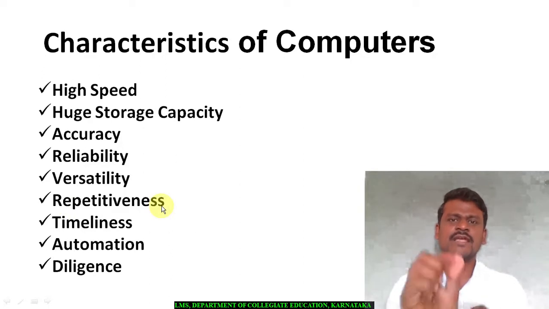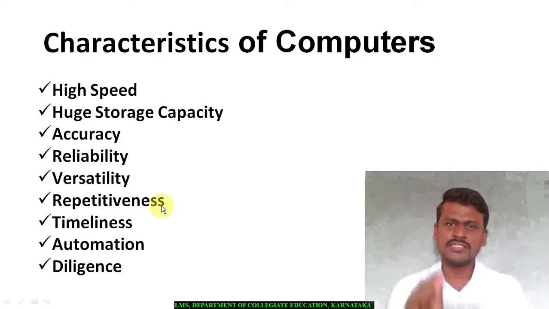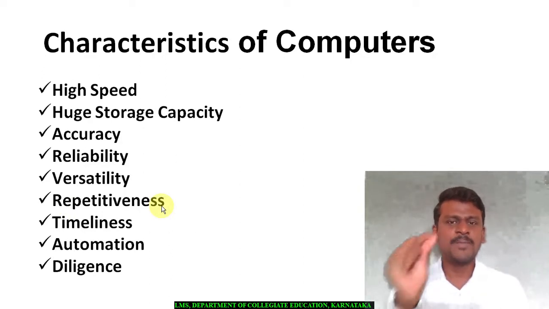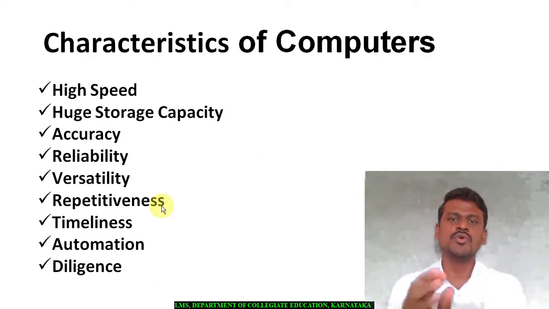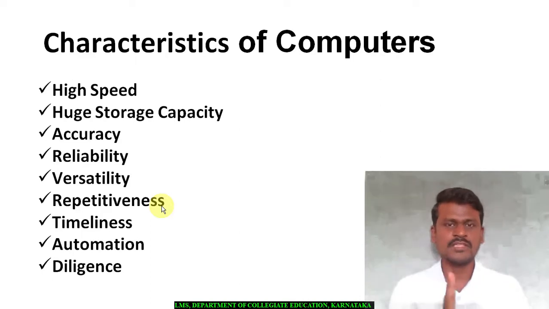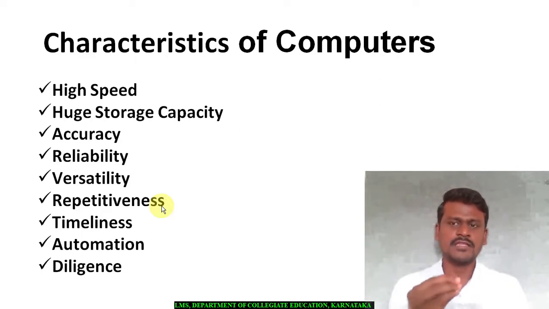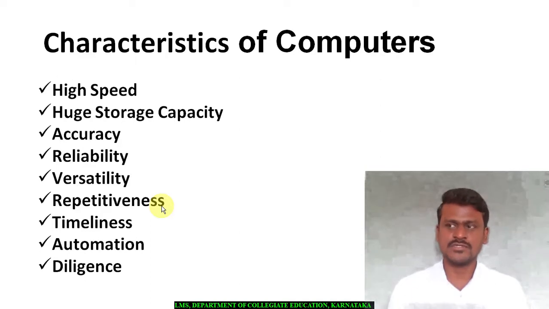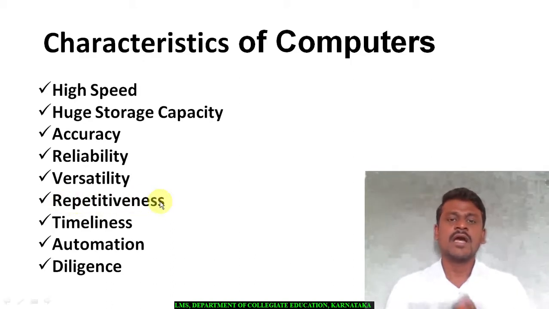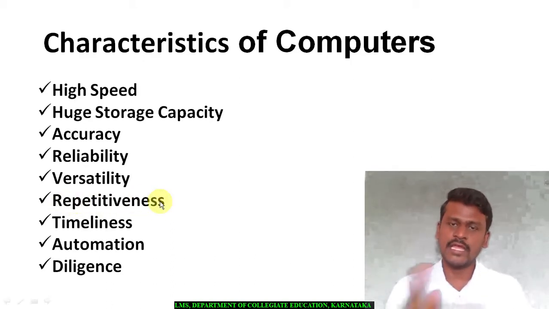Next is repetitiveness. Repetitiveness means, for example, if you are given the same calculation to do 100 times, you will get bored or tired of making the same calculation 100 times. So that is the main concept of the computer. It will make n number of repetitive calculations.